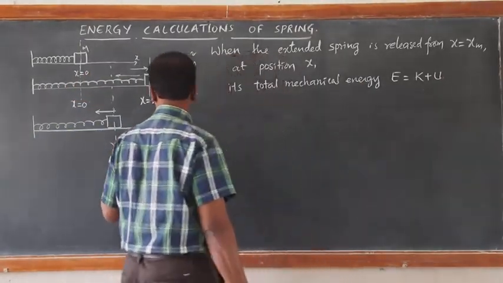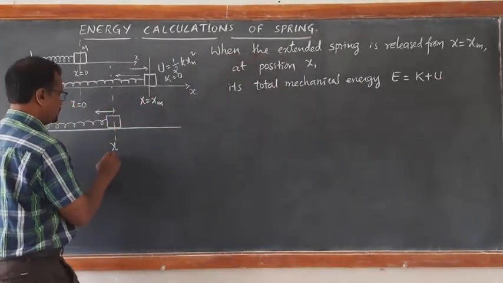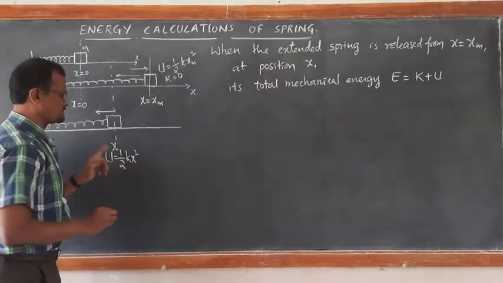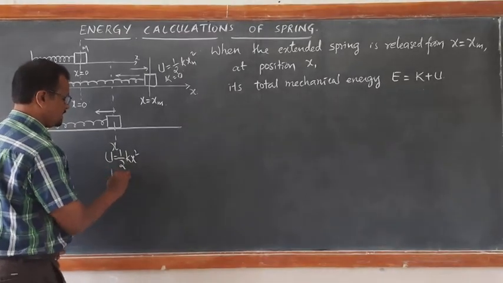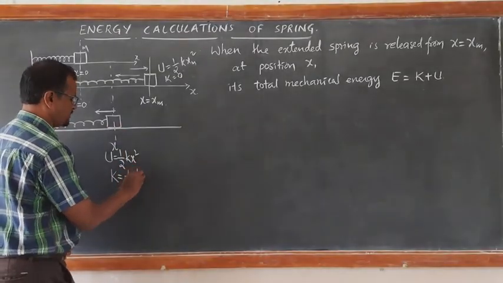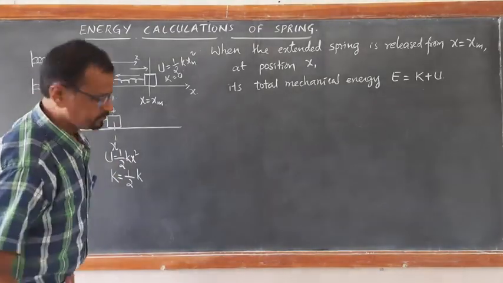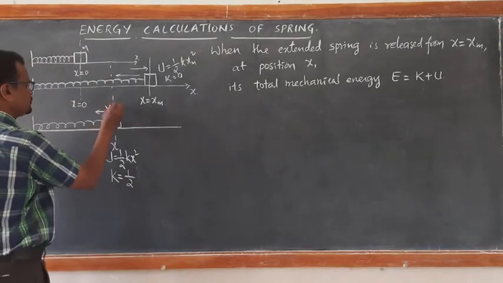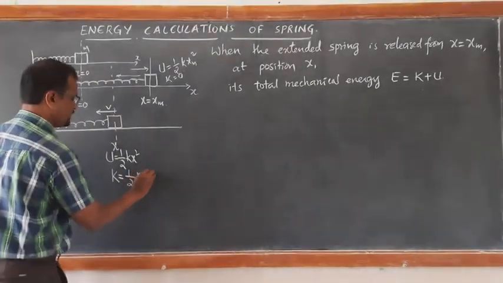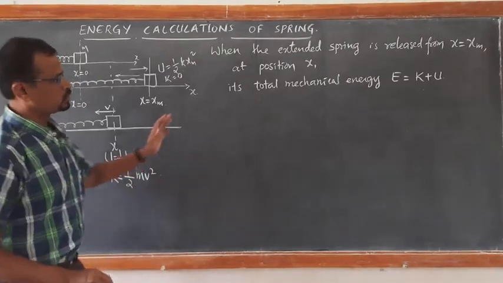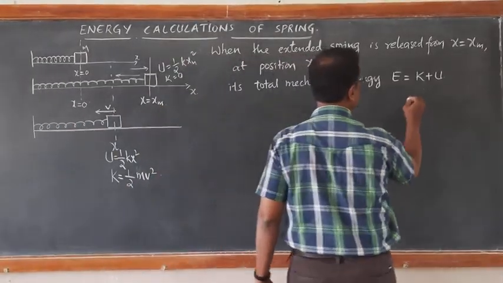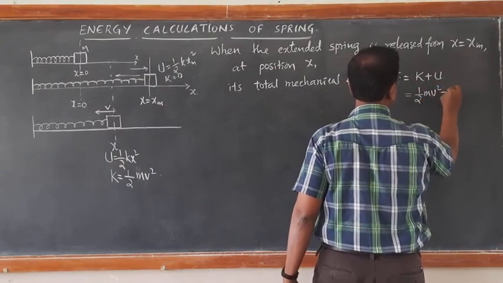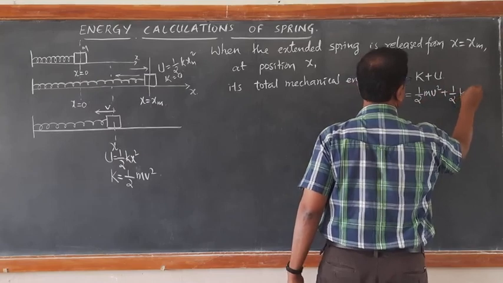So at position x, it will have potential energy U equal to half kx square, where x is the position, and let us say kinetic energy at this position is half mv square, where m is mass and v is the speed. So total mechanical energy becomes half mv square plus half kx square.